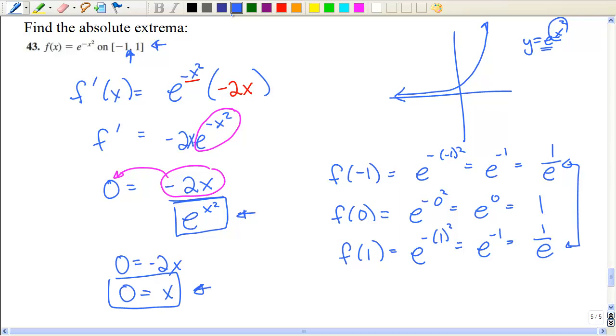Then if you want to see what that equals, punching that into a calculator, this is approximately 0.367, which is definitely smaller than 1. So we have a minimum at, well, when x is negative 1, y is 1 over e. So the minimum value is 1 over e, and the maximum is found when x is 0, y is 1.